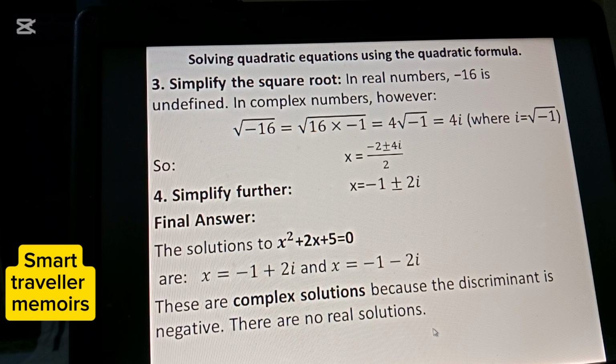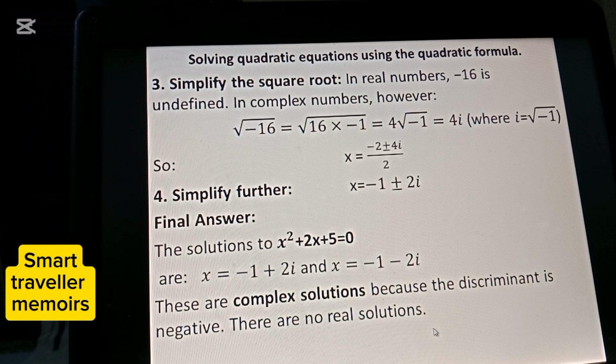Number 3, you simplify the square root. In real numbers, the square root of negative 16 is undefined. In complex numbers, however, the square root of negative 16 equals the square root of 16 times negative 1, and the square root of 16 is 4, while we don't know the square root of negative 1, so we leave it.